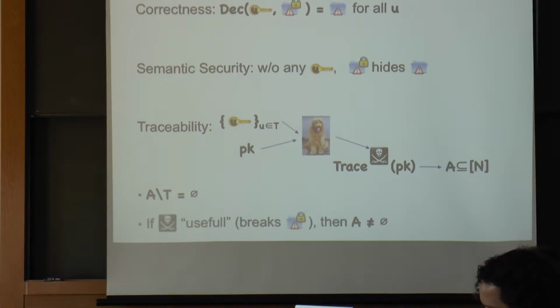And then we want to say that if the pirate decoder is useful, if it actually is able to decrypt messages, then the set of accused users is not empty. So if there is a useful pirate decoder, we're actually able to figure out at least one traitor from that pirate decoder that we can go accuse. And by the first property, we know that it actually will be one of the traitors and not an honest user.